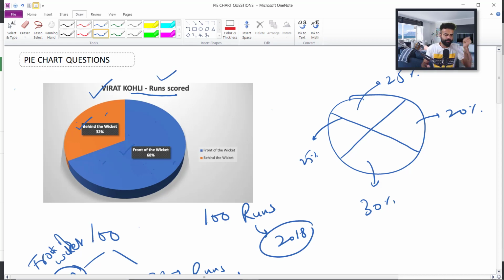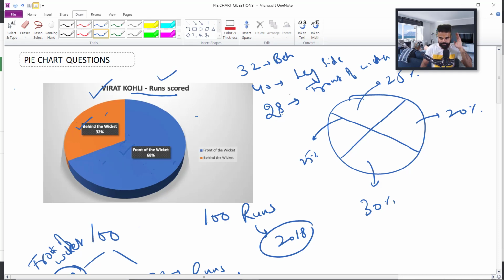So let's say he got 40 runs on the leg side. So 32 runs behind the wicket, 40 runs on leg side, and what's left? I think 38%. No, 28 runs in front of the wicket.